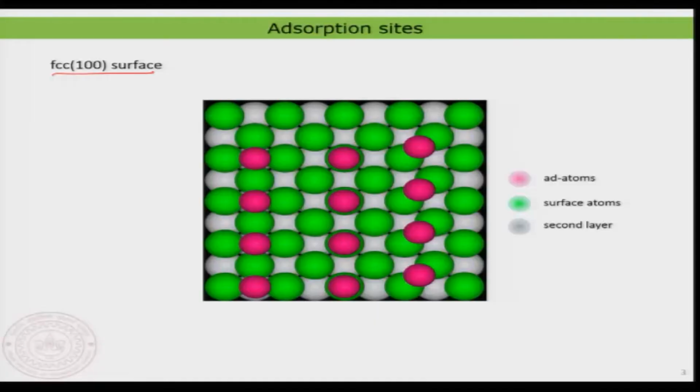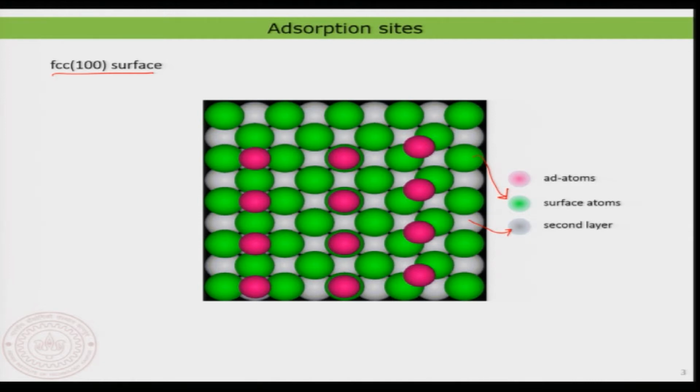So, here is an example. I have here an FCC 100 surface, and the green ones are the first layer, the surface, and the light gray is the second layer. You have already seen this FCC 100 surface, that is a 4-fold symmetric surface, right. Now, when the atom goes onto the surface, it has many different choices, but where does the atom really go? That is the question.